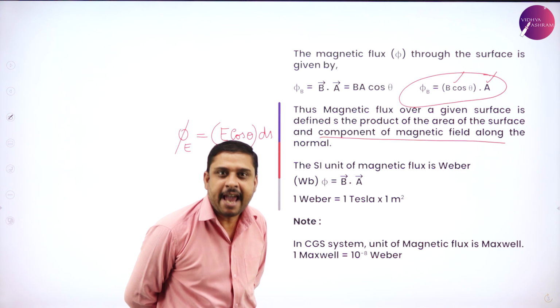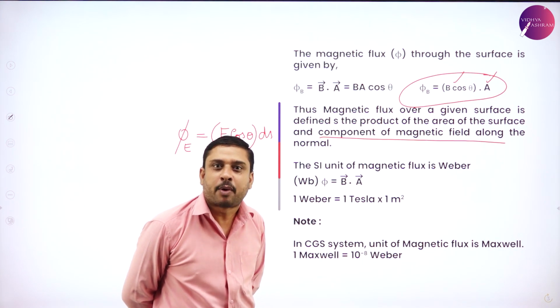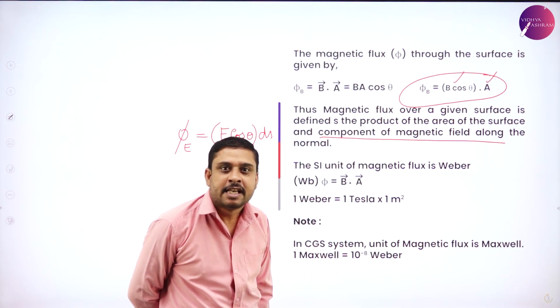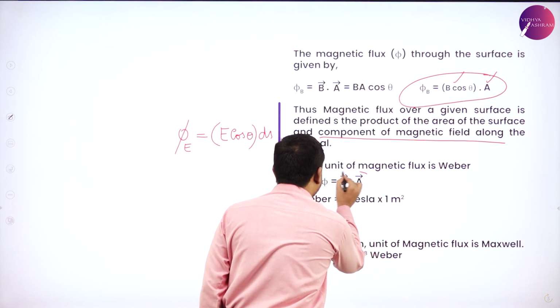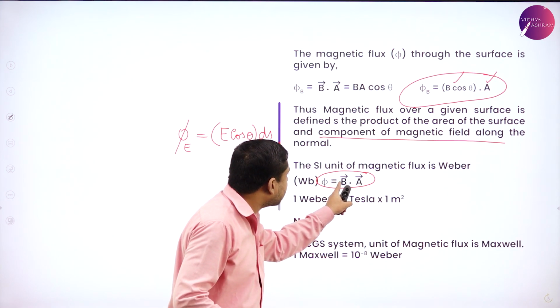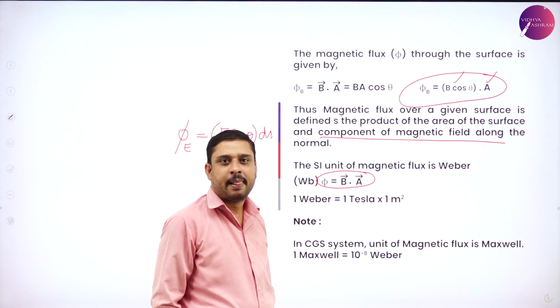What was A? Area of the surface. Their product is called magnetic flux. Since it is a dot product, we also write phi equals vector B dot vector A.